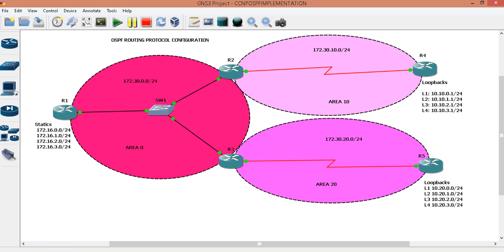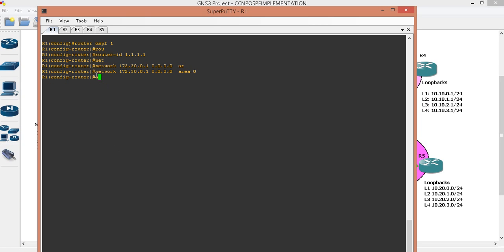But before configuring that, let me go straight and configure all the other routers first with the EIGRP command, with the OSPF command. So I'm going straight to router ospf 1. Router ID, this is 2.2.2.2, it's router 2.